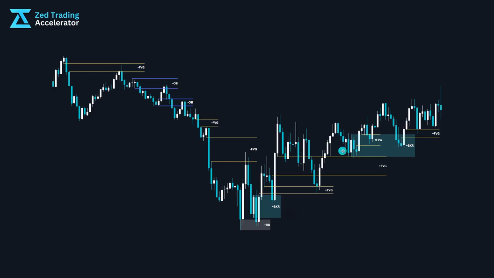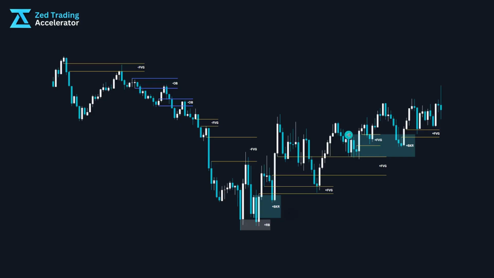We have sell side liquidity taken here, which means we have a breaker block right here, overlapping into this fair value gap, which means this is a high probability breaker block.